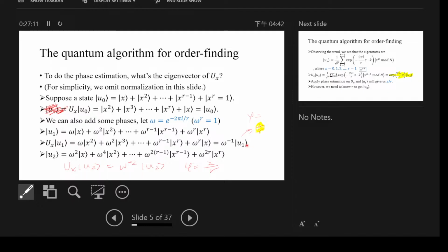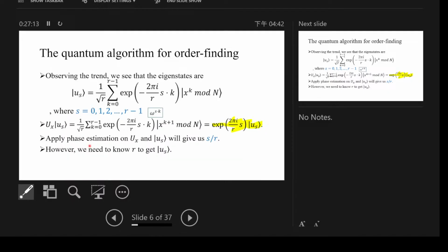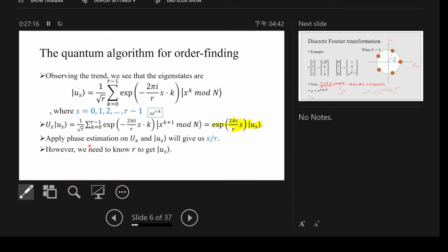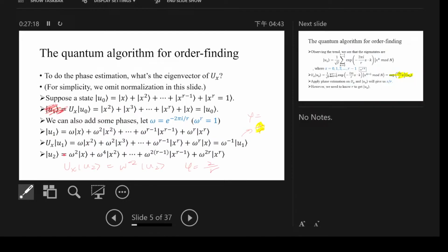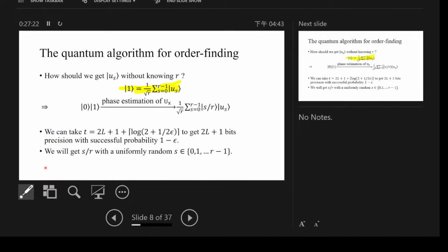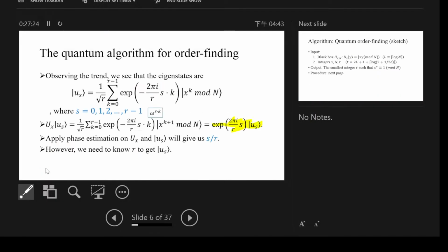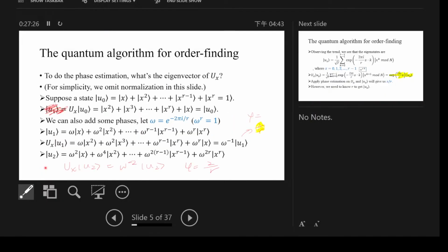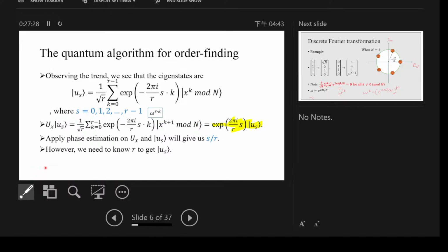And let's write all these things in a more compact form. So all those U1, U2, all the way up to U of r minus 1. We define this U sub s, where s is from 0 to r minus 1.